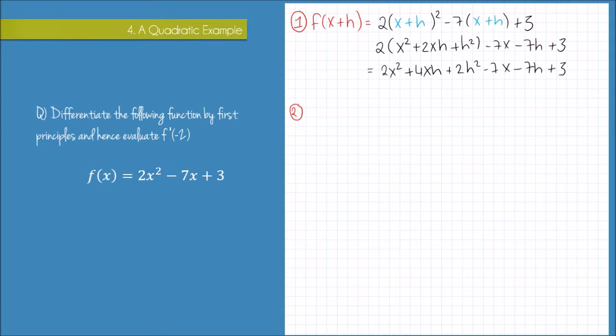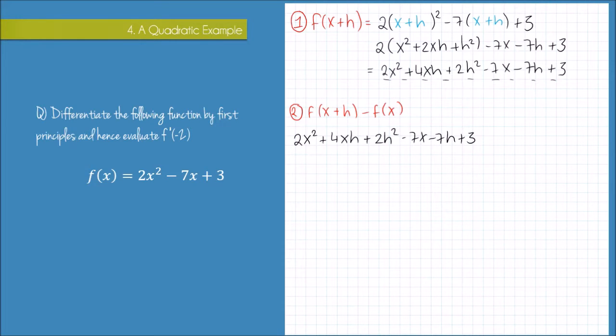Okay, in step 2, we take our result from step 1 and subtract our original function. So this step, I suppose, is just a bit tedious because we need to rewrite this expression we obtained in step 1. So 2x squared plus 4xh plus 2h squared minus 7x minus 7h plus 3.